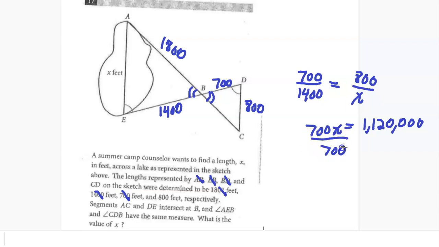Divide both sides by 700, and you should get X equals 1,600. You could have saved yourself a little headache if you know that 700 to 1,400 is 1 to 2, and 1 to 2 is going to put 1,600 down there. So this is 1,600 feet. And there you go. That's how you use similar triangles to perform indirect measurement. If you have any questions, go ahead and see me in class. Thank you.